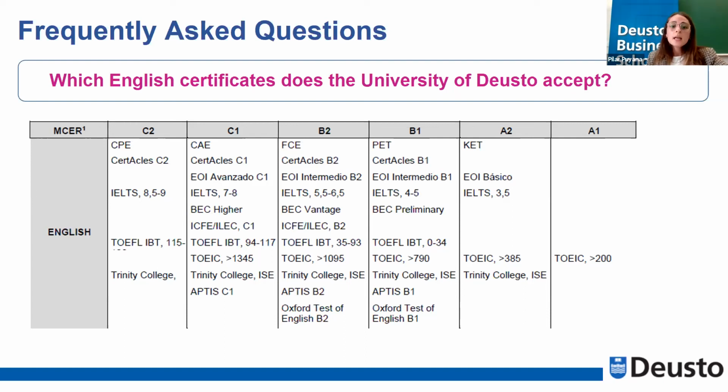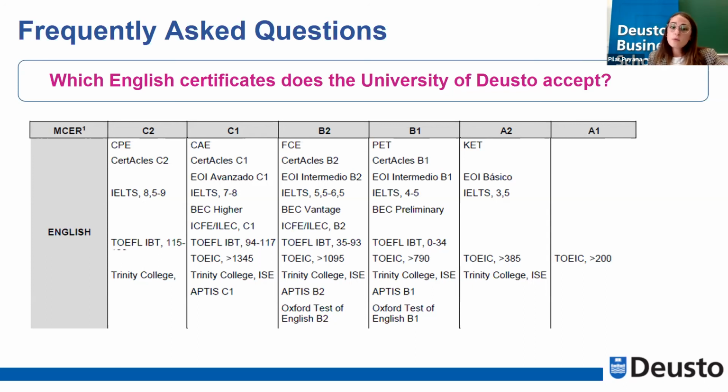If you do not currently possess one of these certificates, but you did your entire undergraduate degree 100% in English, this would mean that you're exempt from turning in further documentation. In this situation, you would just need to indicate in your application that your undergraduate degree has been coursed 100% in English.